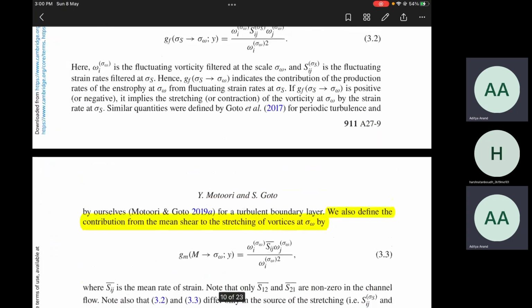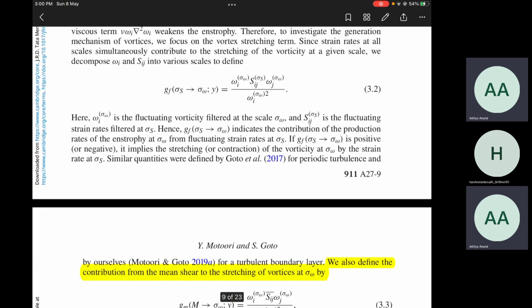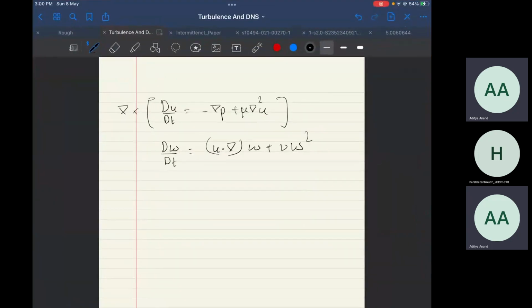People look at entropy because people believe that the energy transfer from large scales to small scales happens because of vortex stretching. So what they say is that you have a vortical motion like this, and because of the shear in the flow, these vortices get stretched out.